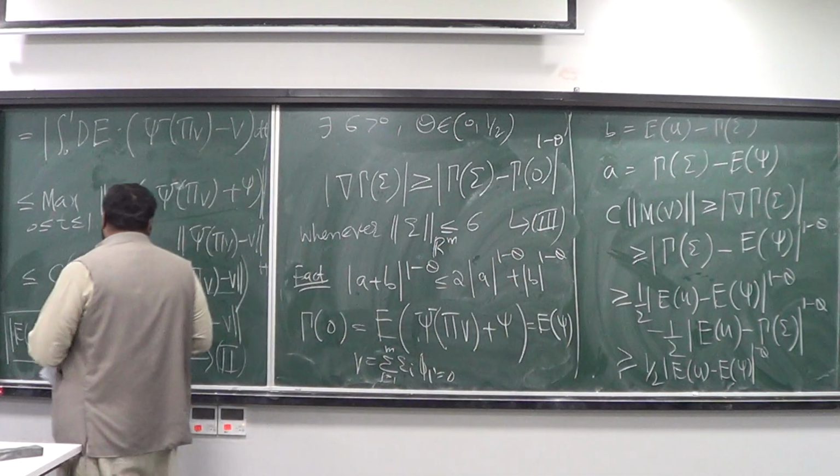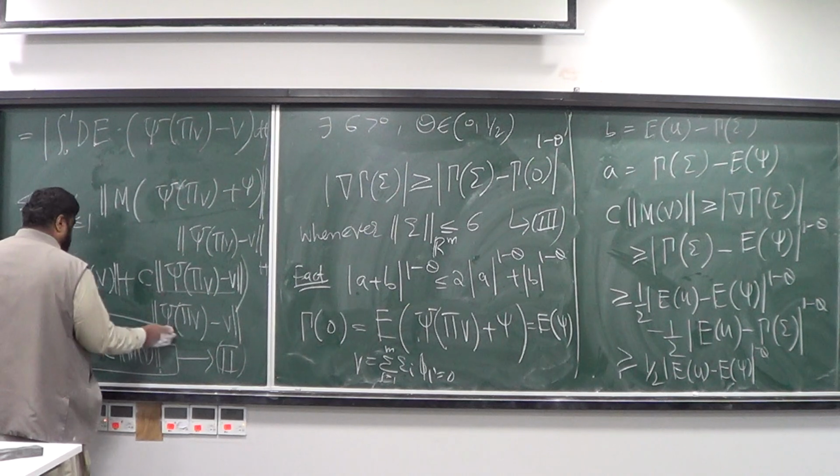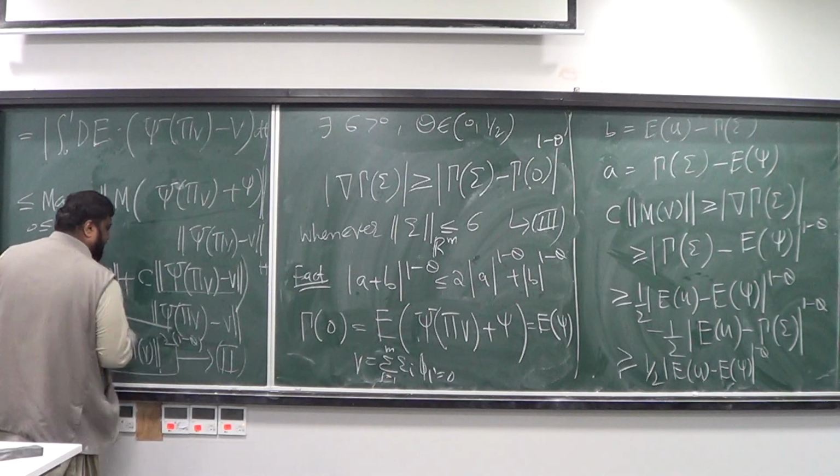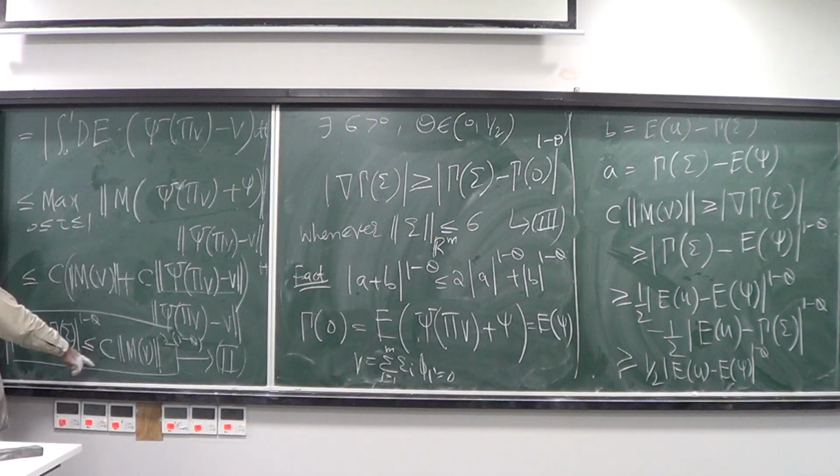First take the power 1 minus theta. If you take the power 1 minus theta here, this will become 2 times 1 minus theta. Then multiply by minus 1/2 on both sides, so this will become greater than or equal to, and c by minus 1/2, call it again c.